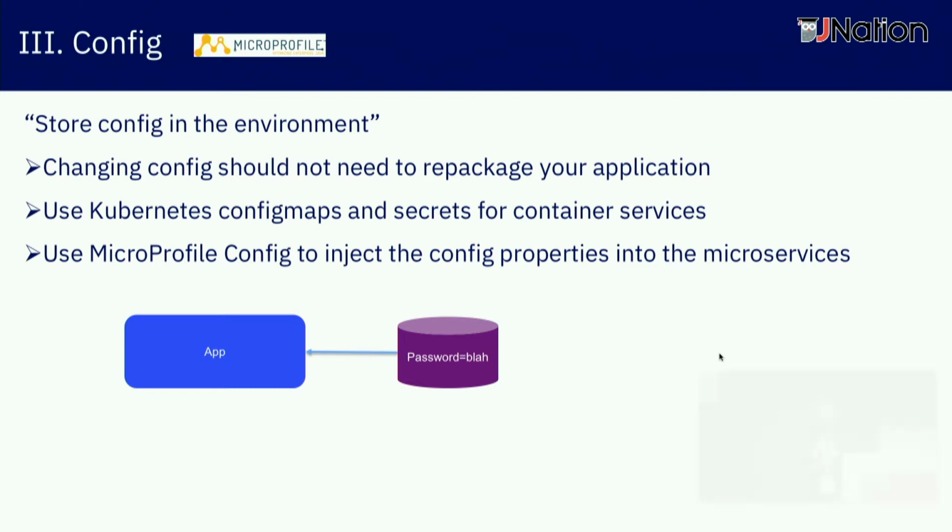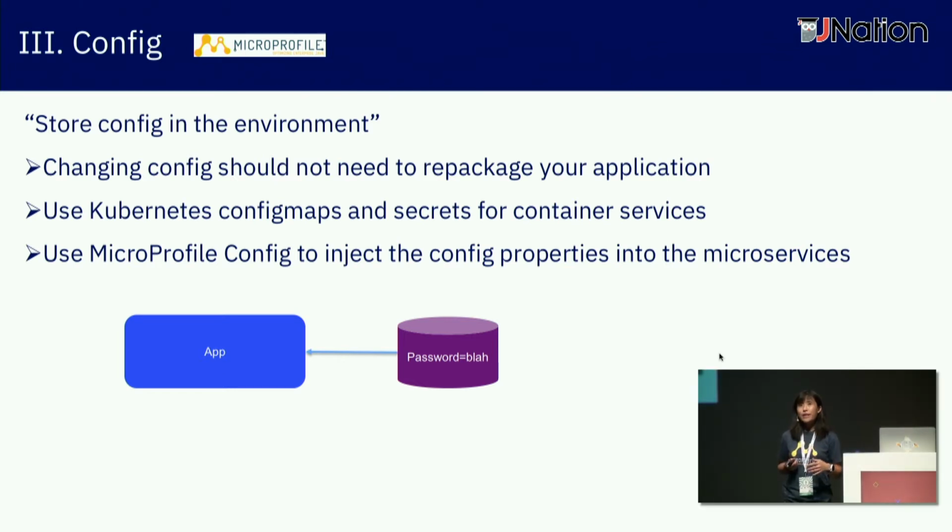The third one is the config. You should always externalize your configuration. You want to make your microservice build once, config everywhere. So build once, run everywhere. When you deploy your microservice in one environment, you can directly configure the value. And then you can deploy your microservice in a different environment, and that environment can directly configure the microservice. If you want to change the value, you shouldn't need to repackage your application.